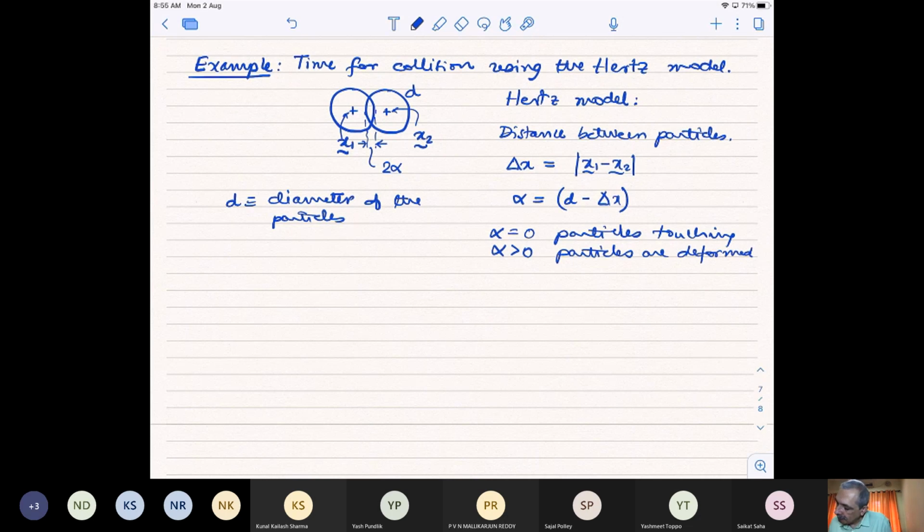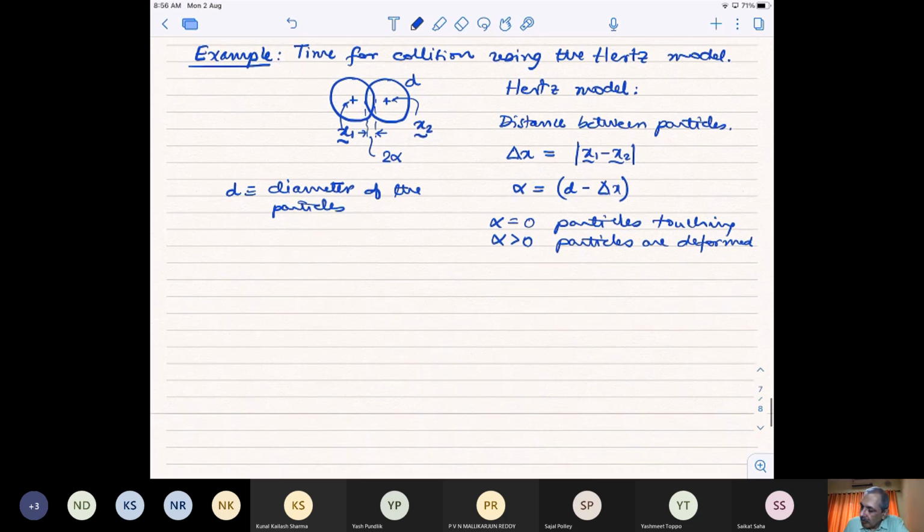We are mainly concerned with alpha greater than or equal to 0. When alpha is less than 0, the particles are not touching and hence there is no force between them.